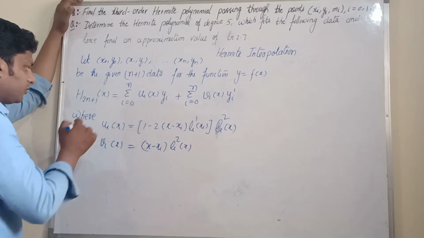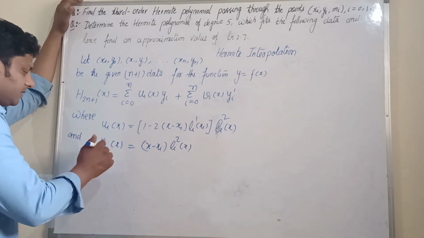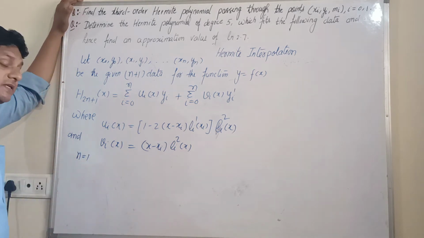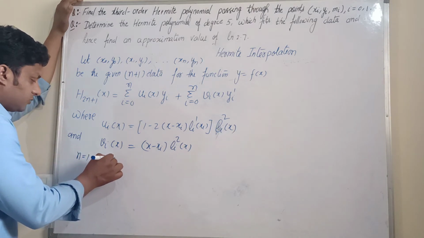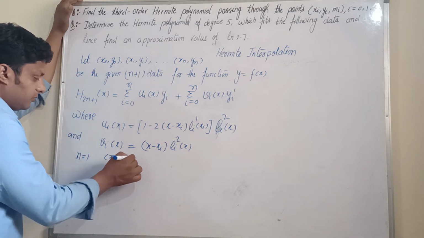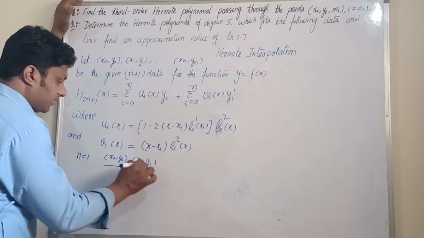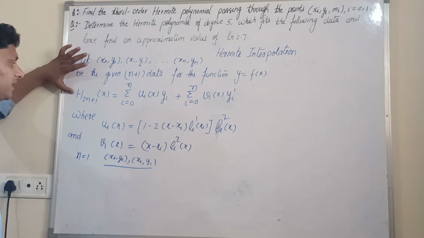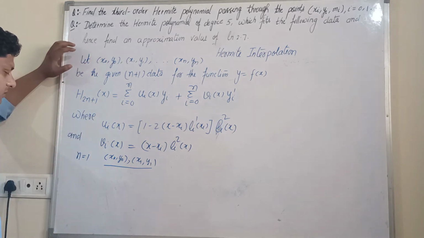So if we expand this formula, for example we have the value n equals to 1, it means we have two given data, that is (x0, y0) and (x1, y1). Having these two data, we can find a Hermite polynomial of degree 3, because the value of n is equal to 1.